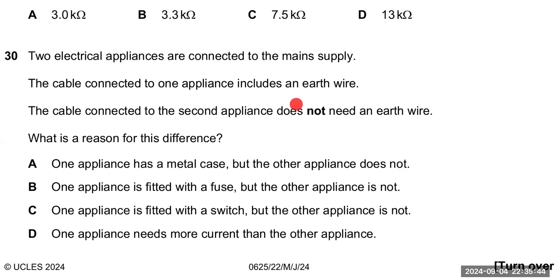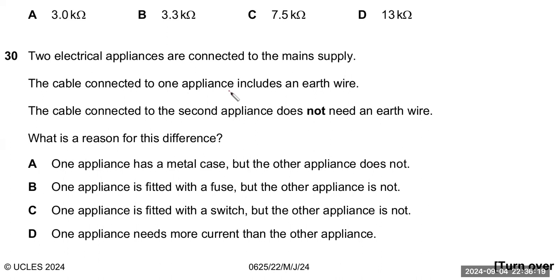Okay, the reason is that if there is accidental attachment of a damaged wire with the body of the electrical appliance, and you unfortunately touch that appliance, then you will get a shock. Maybe you can be seriously injured.